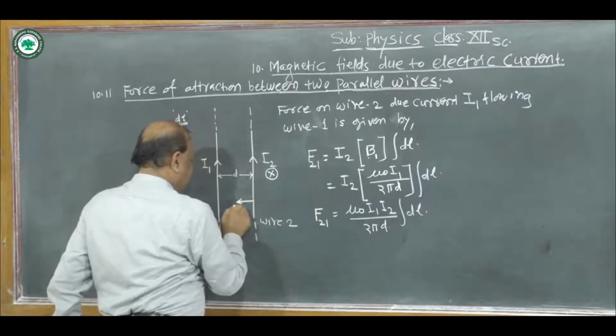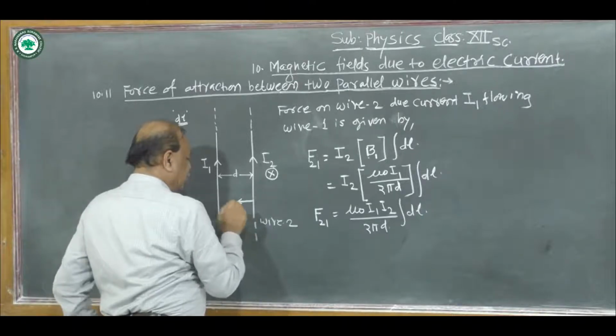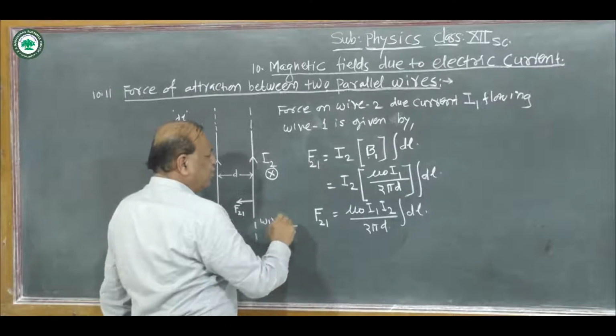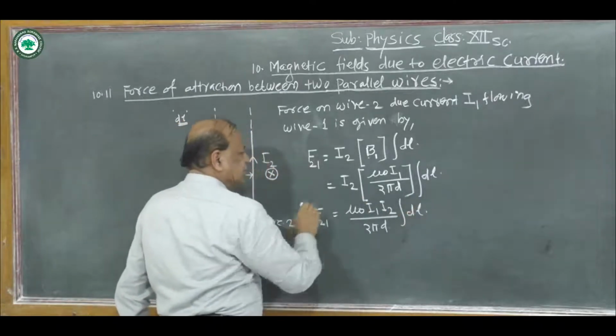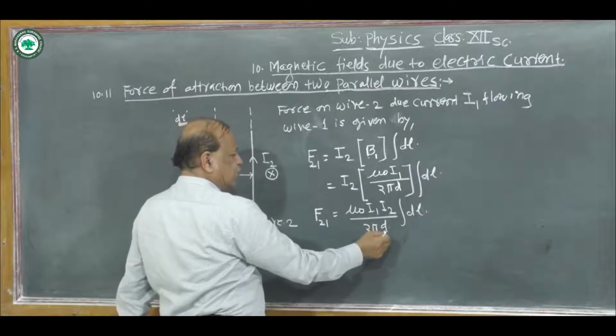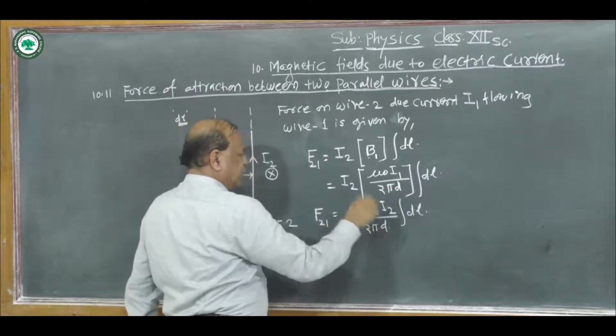And this is the force on wire 2 due to wire 1. The value of that force is mu 0 I1 I2 divided by 2 pi d, integration of dl.